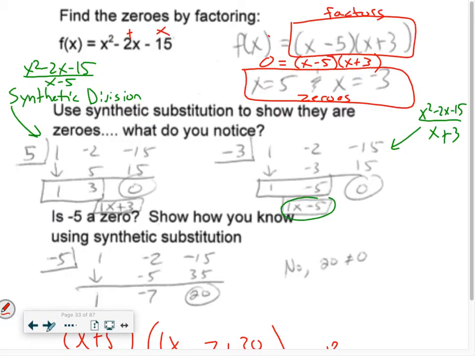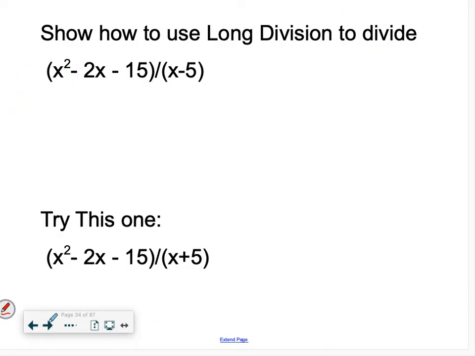So let's apply that. This is that same problem. So we have x squared minus 2x minus 15, and we're dividing it by x minus 5. So we're going to do this division with long division.